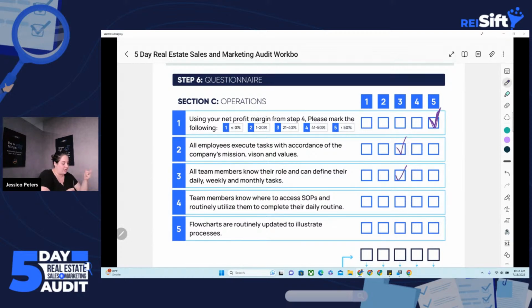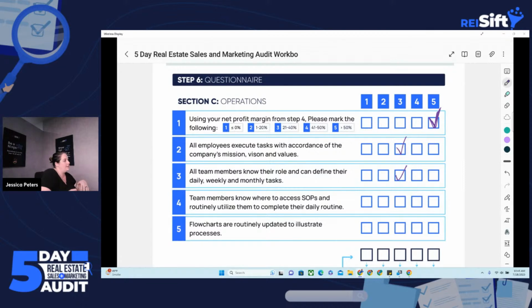Team members know where to access standard operating procedures and routinely utilize them to complete their daily routine. So do you have a place of resources for tasks that you maybe want a VA to do, like pulling data from the county? Do you have an SOP for that to show them how and have the expectations clearly marked?